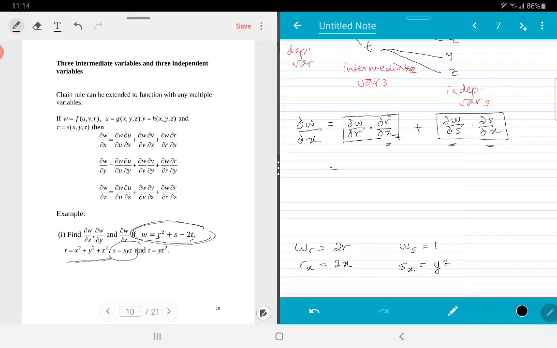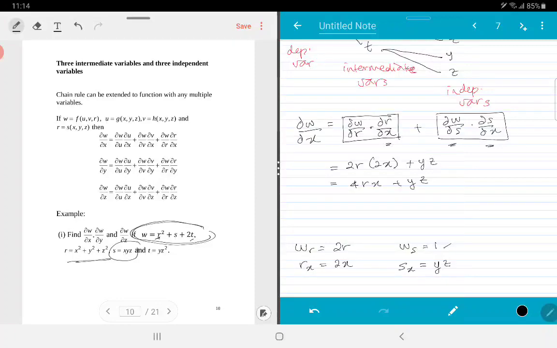So first term, partial w, partial r, so we have 2r, times partial r, partial x, which is 2x, plus partial w, partial s, which is a 1, and partial s, partial x, which is yz. Okay, simplify this, we get 4rx plus yz.